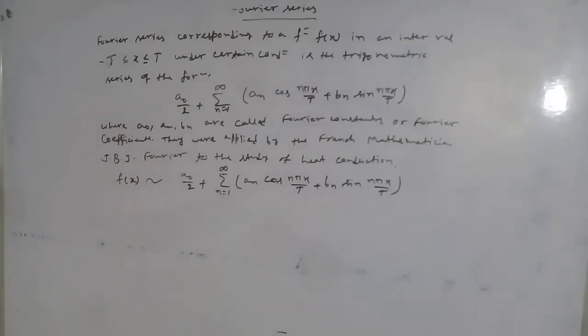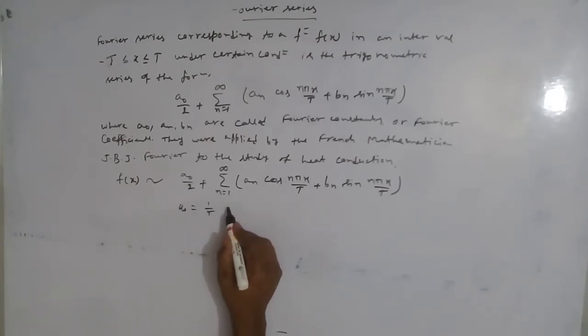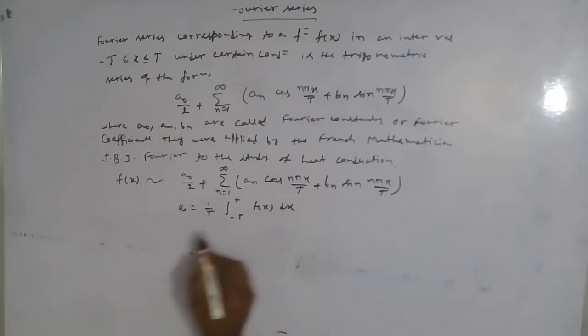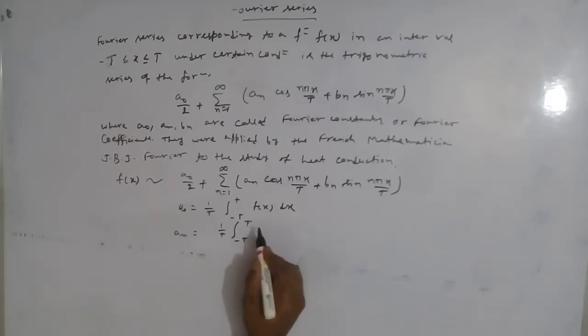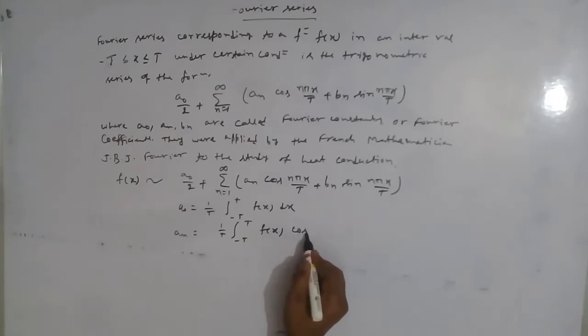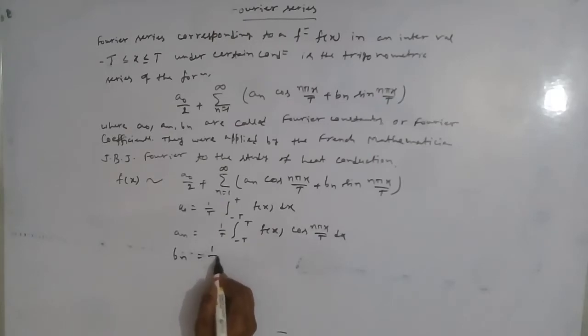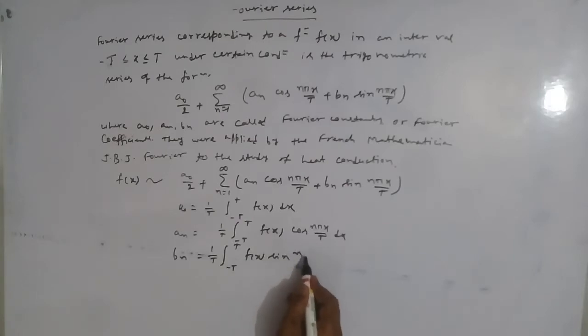Now, how can we find a0, an and bn? So a0 will be equal to 1 by t integral from minus t to t f(x) dx, an equal to 1 by t integral from minus t to t f(x) cos n pi x by t dx, and bn equal to 1 by t integral from minus t to t f(x) sin n pi x by t dx.